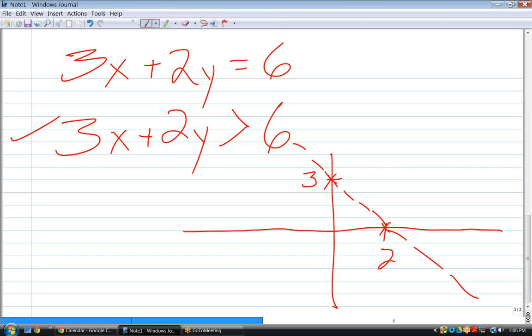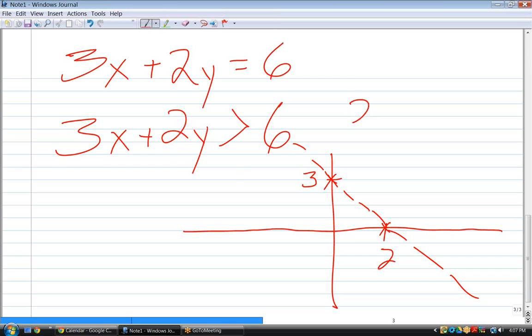So now the question becomes, which side of this dotted line do we shade? Well, not so easy to tell if it's in standard format because I don't have a y greater than. So all I really have to do is move everything but y to the other side of the inequality.